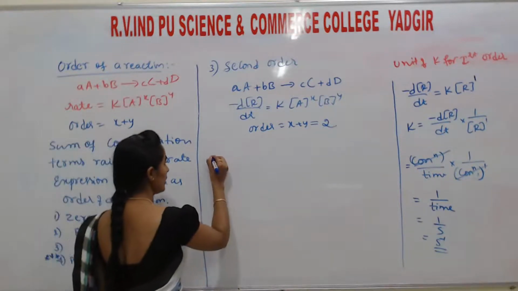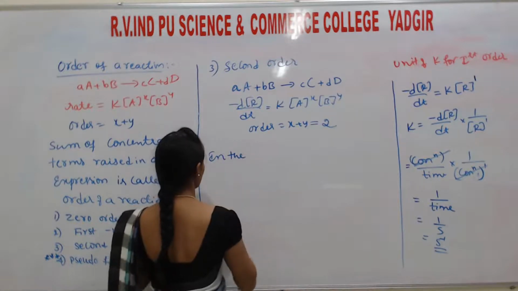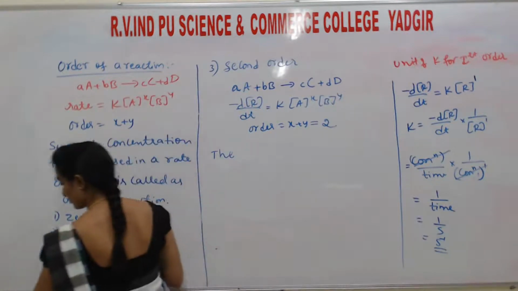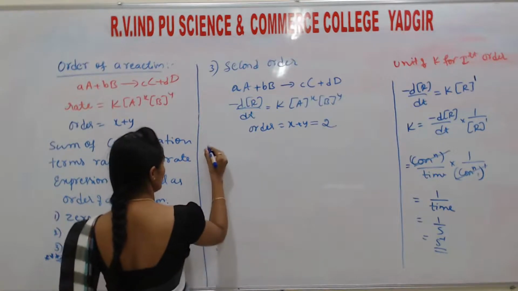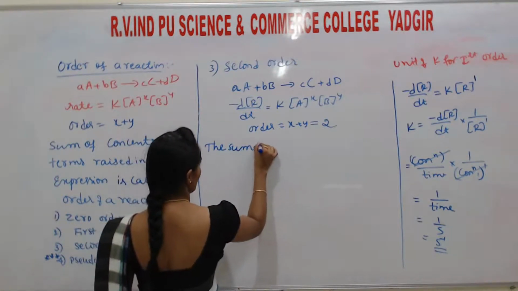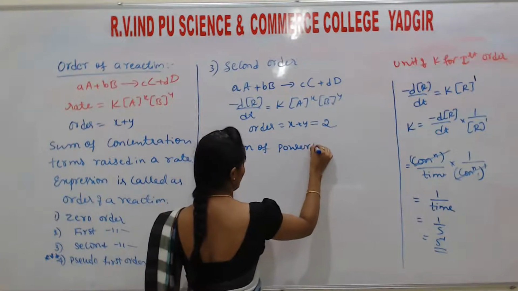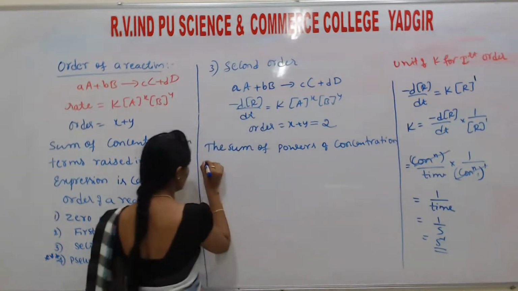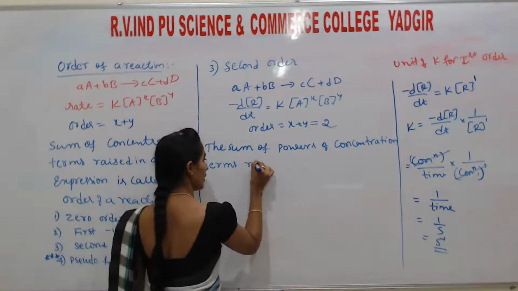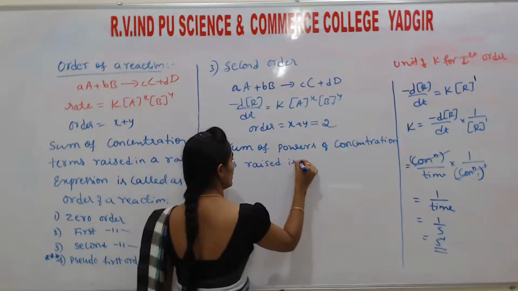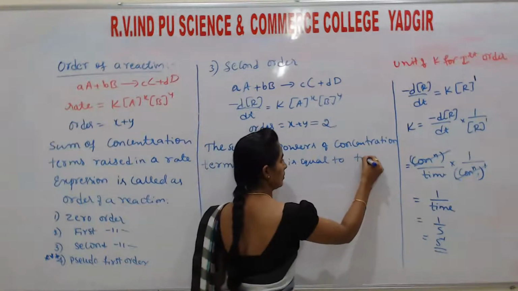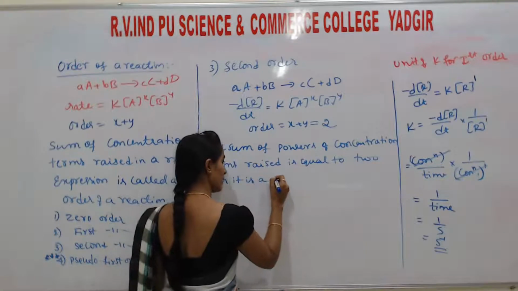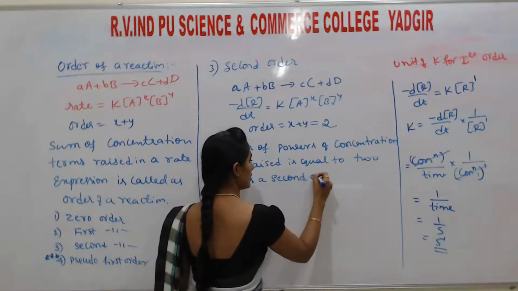Okay, so what is the definition? In the reaction, the sum of the powers of the concentration terms is equal to 2, then it is a second order reaction.